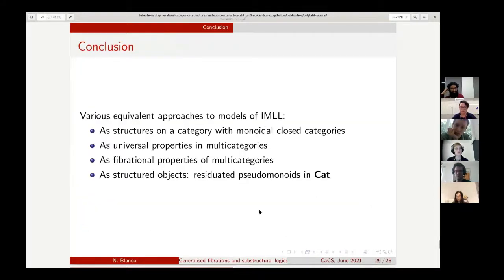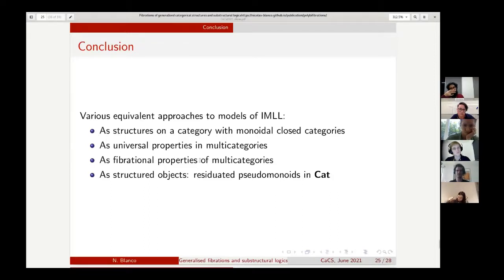So yeah, to conclude, in this talk I gave different ways to model intuitionistic multiplicative linear logic. The usual one is by using some structure that you put on a category, namely a monoidal closed category, so monoidal structure. The second one is as a universal property in a multicategory, so saying that we can characterize the tensor product as having a universal property in there.